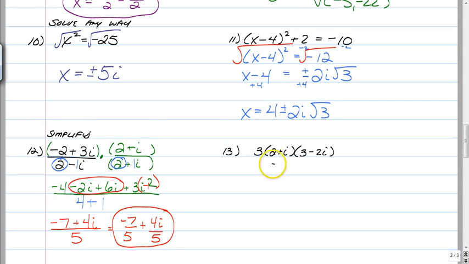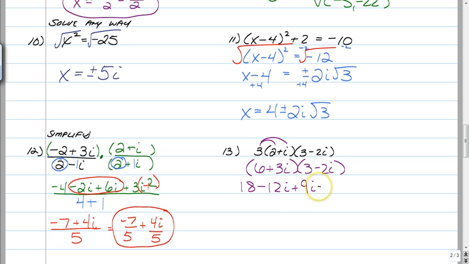Then number 13. It does not matter if you want to distribute the 3 first or distribute the 3 last. Really, it's up to you. So I'll distribute it first. You only distribute it to the first one. So we have 6 plus 3i, and now we have 3 minus 2i. Now you just FOIL. So 6 times 3 is 18. 6 times a negative 2i is a negative 12i. 3i times 3 is 9i.